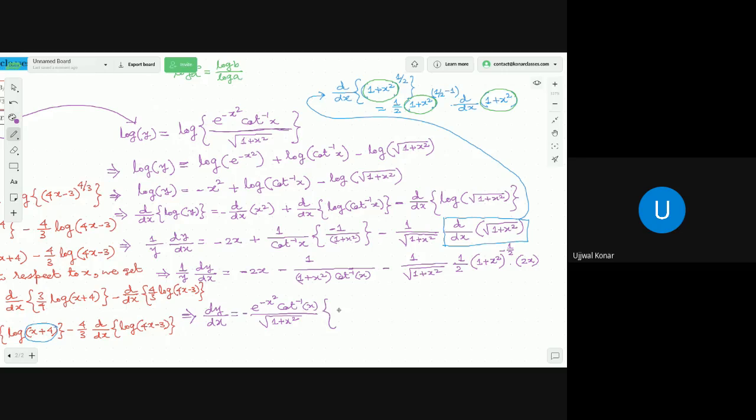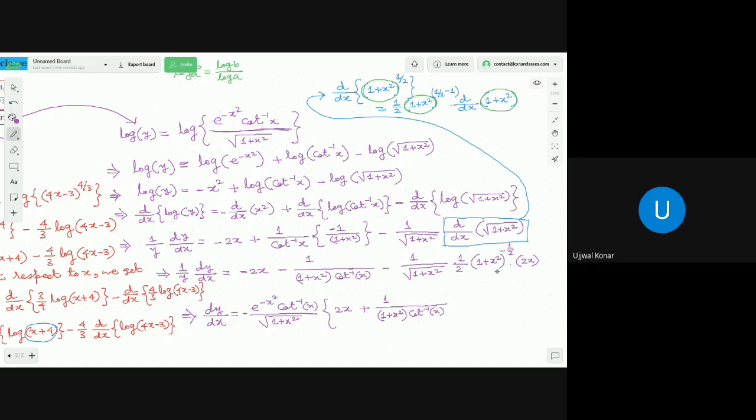Then what we are going to get? We are going to get 2x plus 1 by 1 plus x square into cot inverse of x. Correct or not? Plus, if you see that square root of 1 plus x square and 1 plus x square power minus 1 by 2, that is actually 1 plus x square.